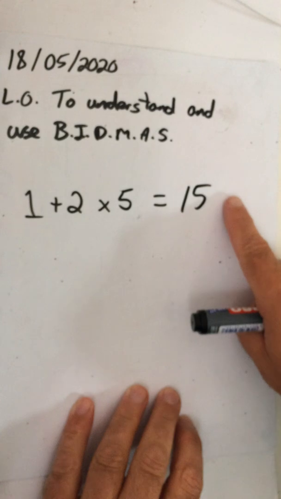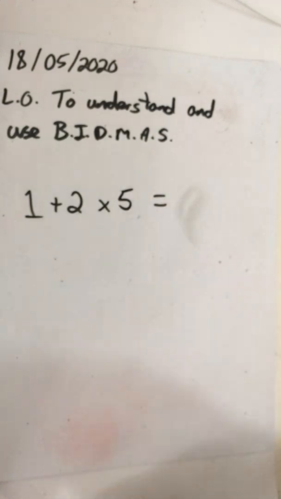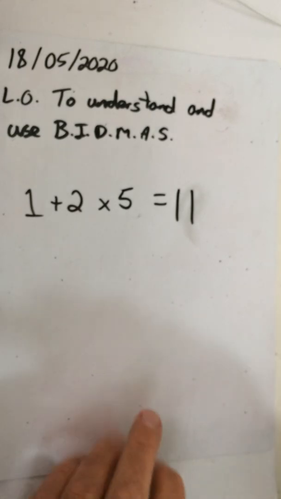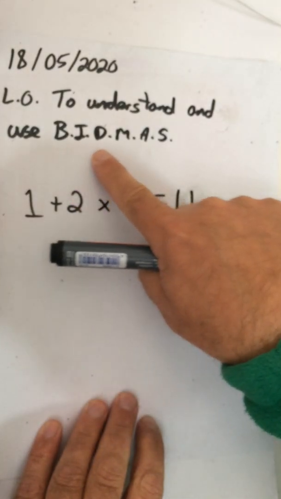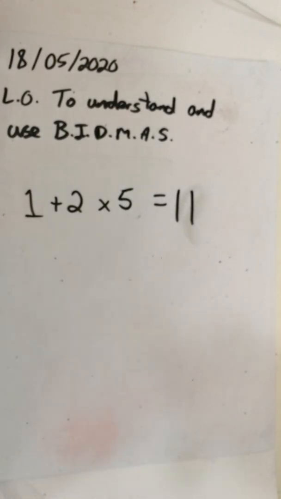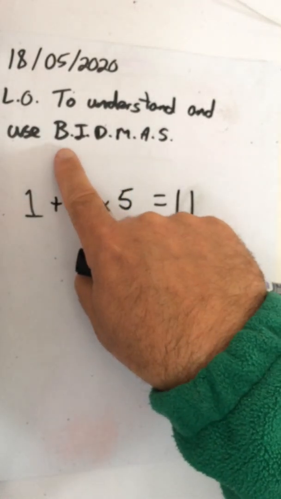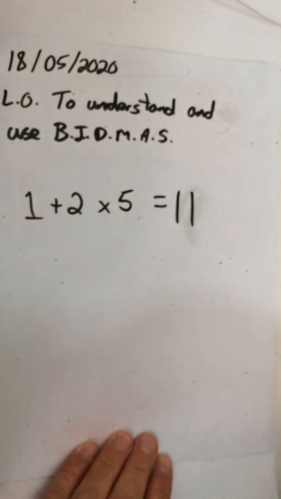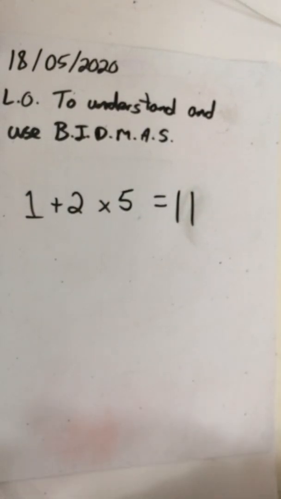So, actually, the answer to this question is 11. Okay, and that is because we have to follow the rules of BIDMAS in maths. BIDMAS. Now, your parents and other people, sometimes it's called BODMAS. Okay, but I prefer to call it BIDMAS. But it doesn't matter either way. So let's just see why that is.